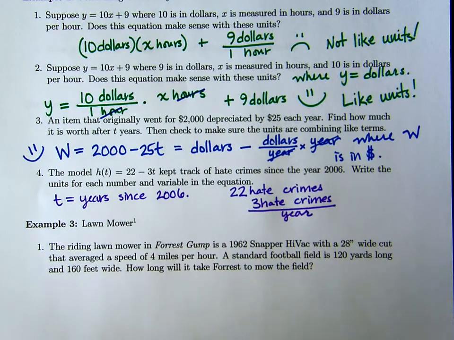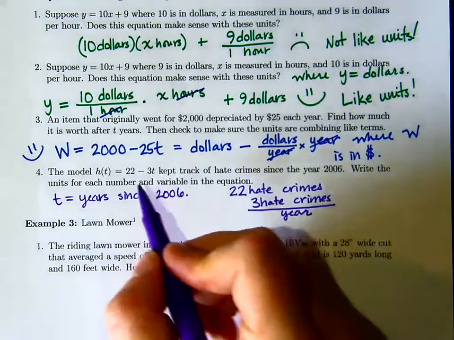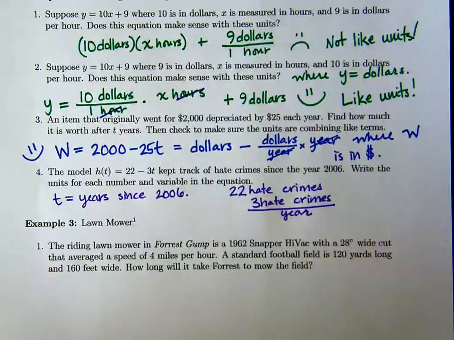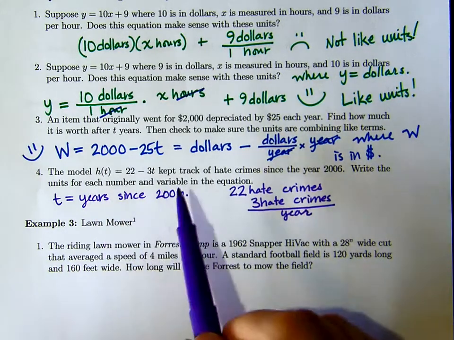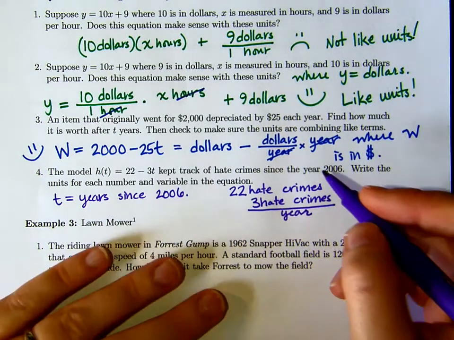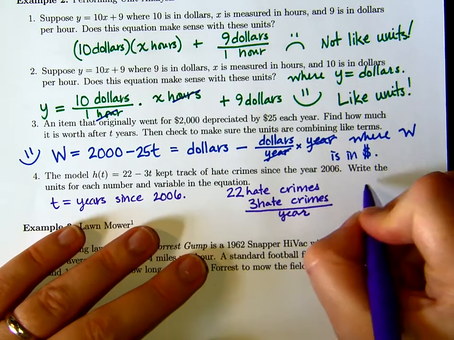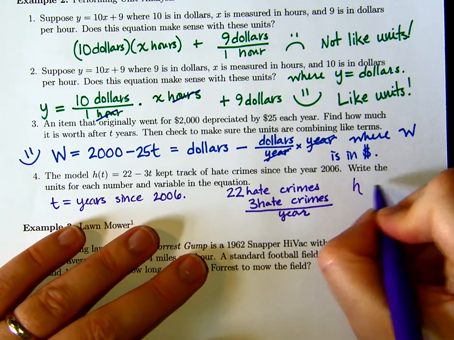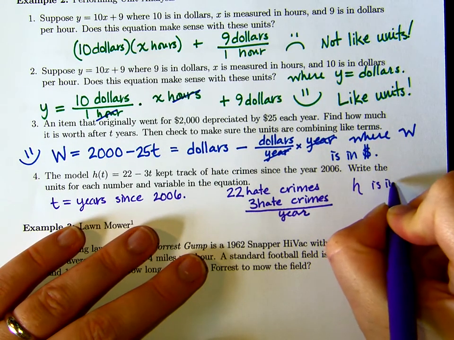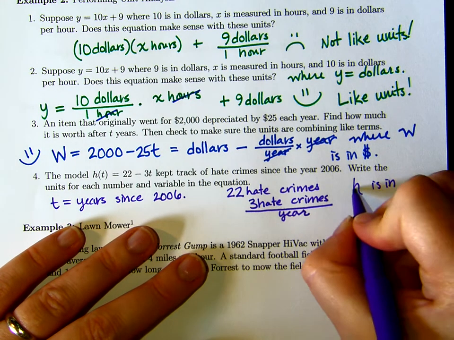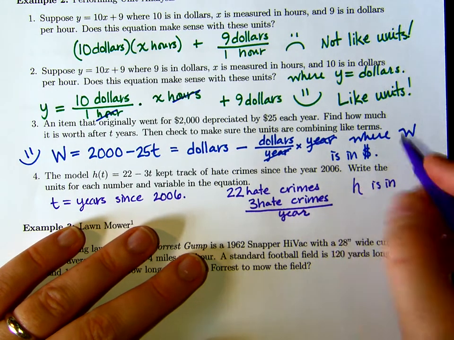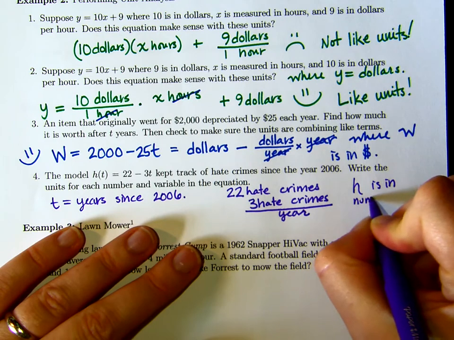And you can attach the negative. You're like, well, it's going down because look, it's being subtracted. And H is measured in number of hate crimes.